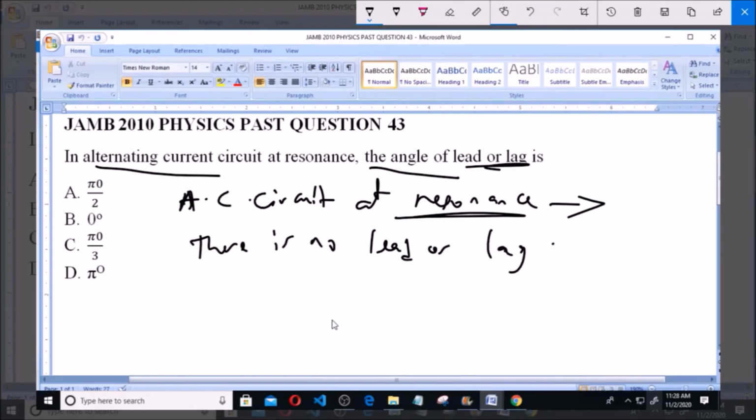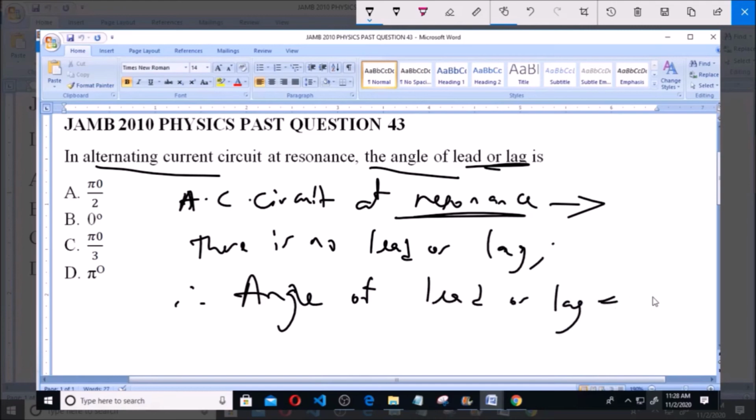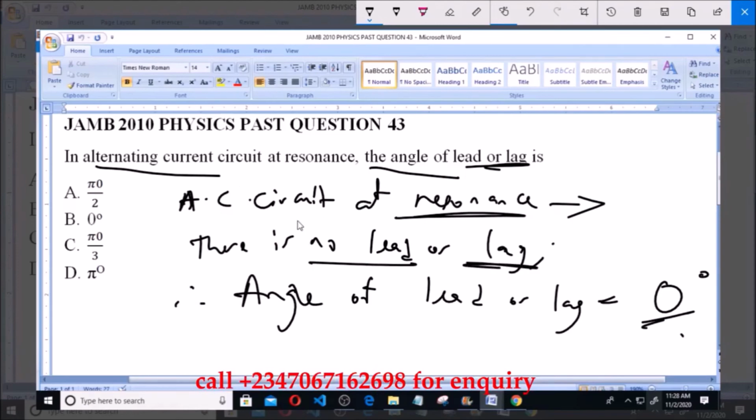So since there is no lead or lag, it means that the angle of lead or lag will be equal to 0 degrees. So 0 degrees is option B. Option B is the correct answer to this question.